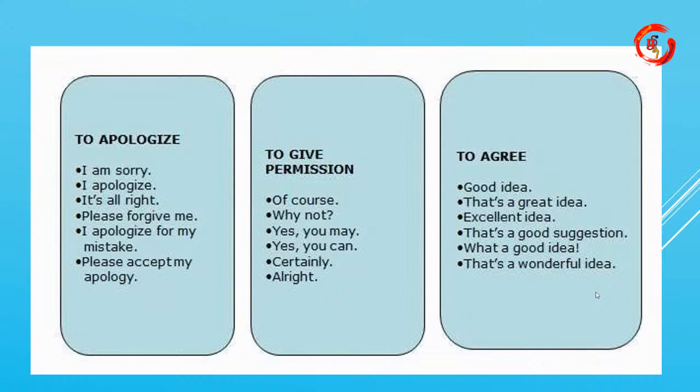Okay, I've made a conclusion here. The most common ones. To apologize. Or how can you say to apologize? I'm sorry. I apologize. It's all right. Please forgive me. I apologize for my mistake. Please accept my apology. Okay?